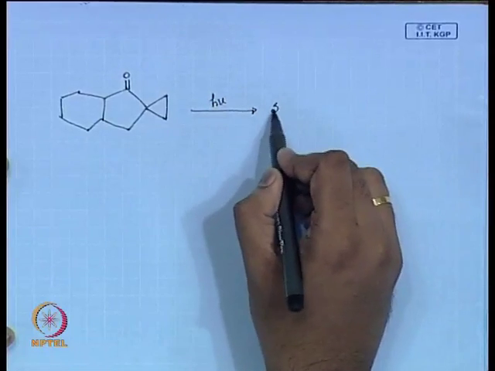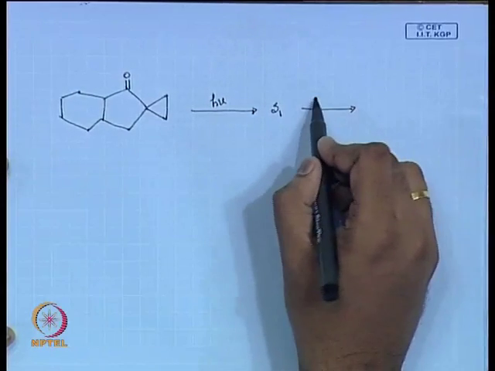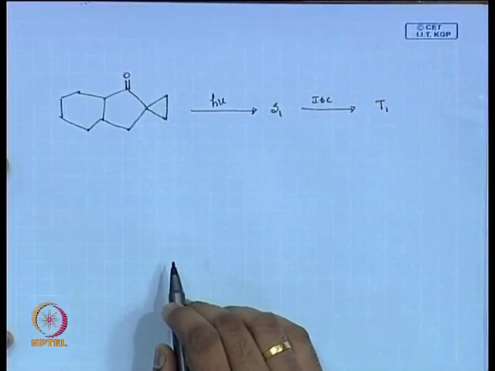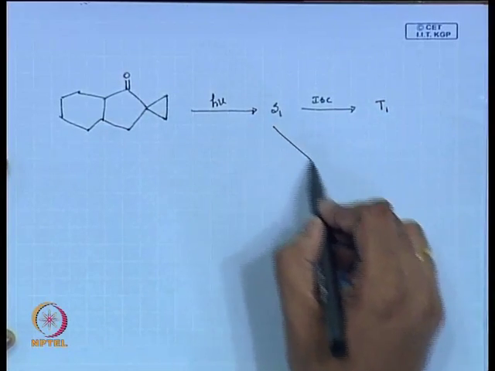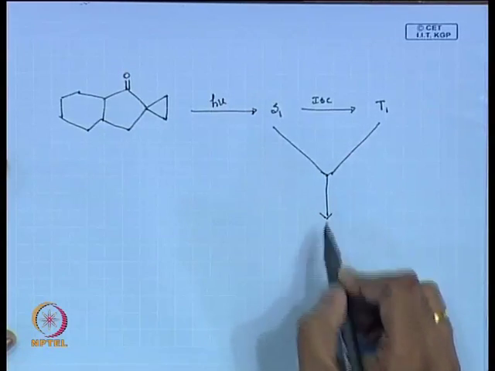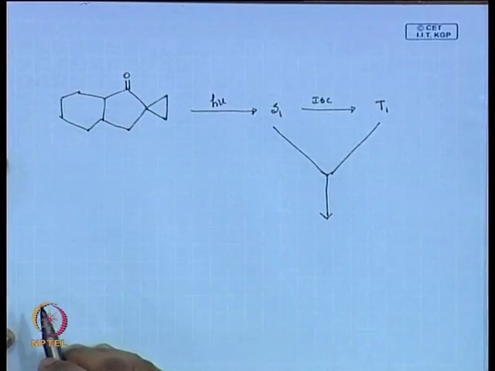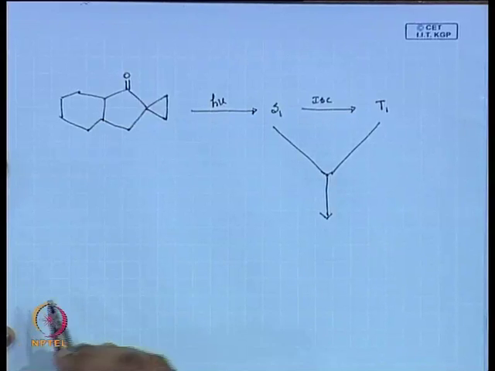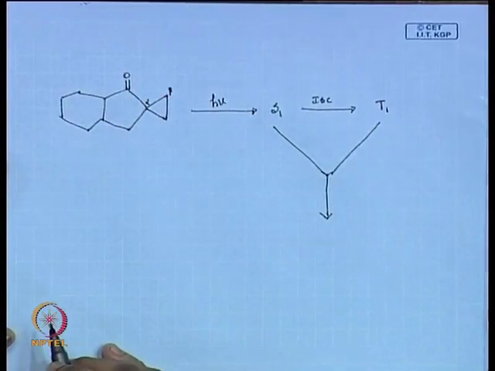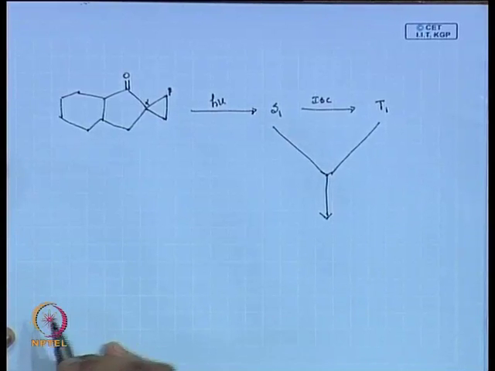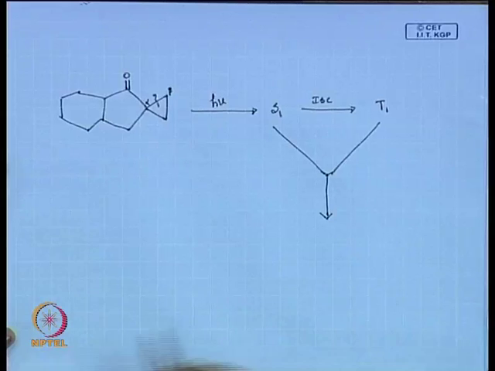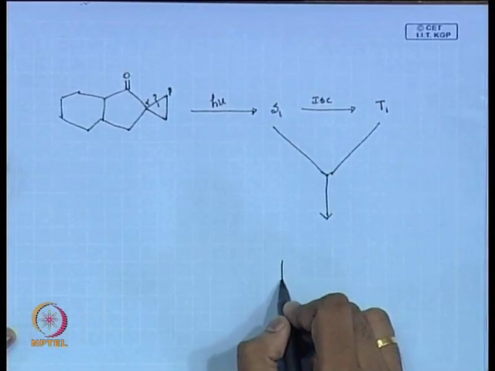It goes to S1, it can undergo intersystem crossing to give my T1, and the chemistry can happen from both my excited states, to give me a bond cleavage. So, I want to break my bond. So, this is alpha and this will be beta. So, can I cleave here? So, I can cleave this.